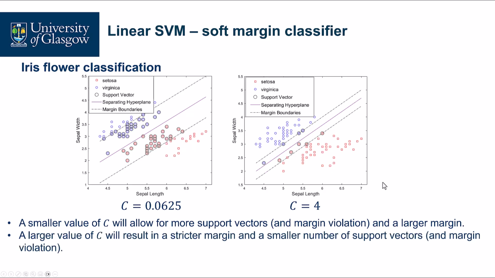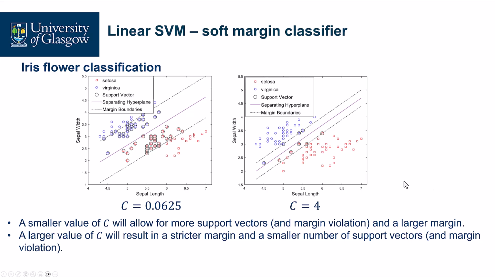In contrast, if we use a large value of C, the margin itself is smaller, but the margin violation is also smaller. So this one has more generality, and this one has a more strict classification.